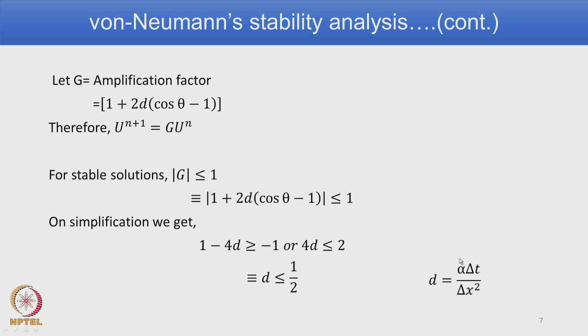So, we do not have much choice on alpha, whereas delta t and delta x come from discretization, and there we have control. So, you can adjust delta t and delta x in such a way that d is less than or equal to 1 by 2, in order for the scheme that you have chosen, that is forward in time and centered in space, for that model equation to be stable. One has to satisfy the condition d less than or equal to half.